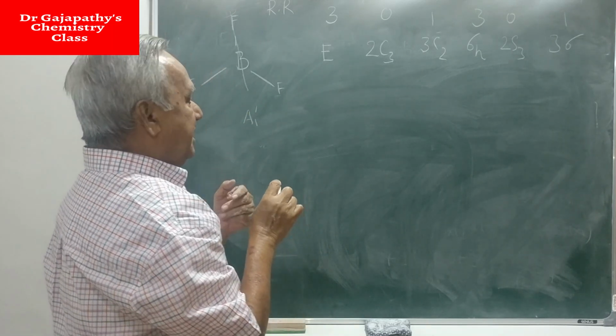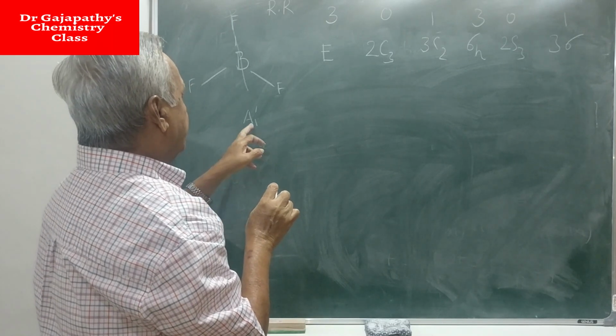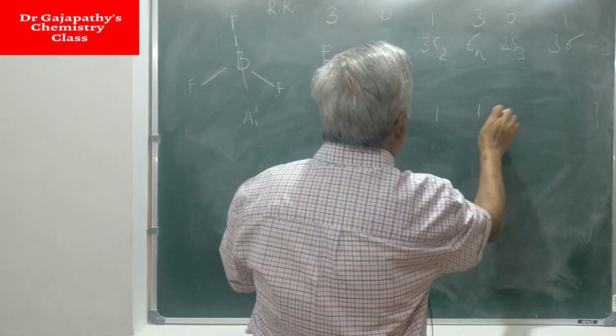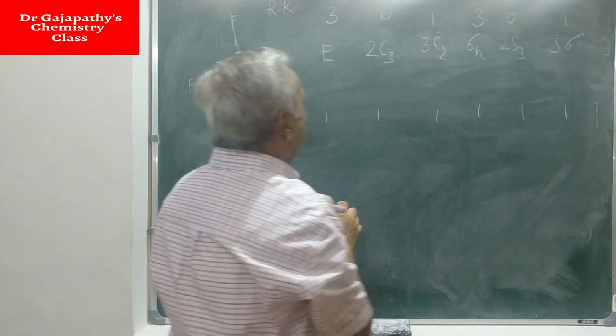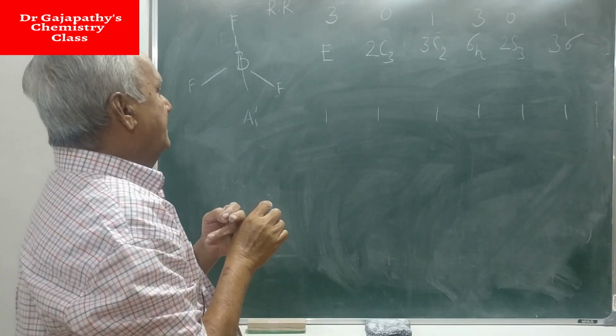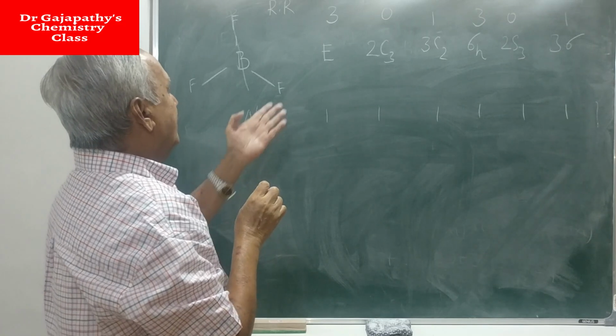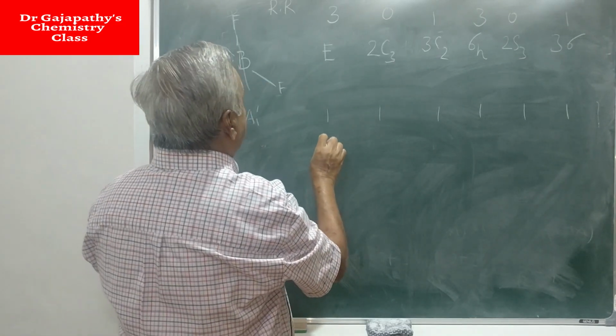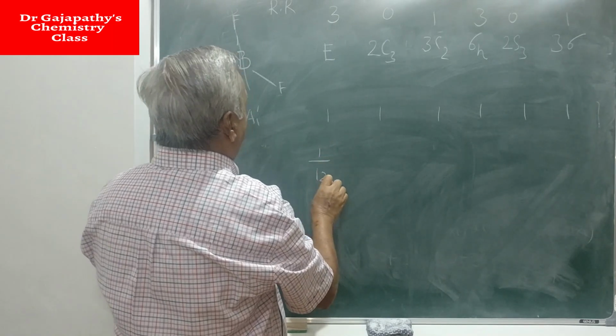If you look at the D3h character table, the characters for A1 prime is 1, 1, 1, 1, 1, 1. All are plus 1. So let me find out how many A1 primes are present in this. I use the formula, order is 12, 1 by 12.